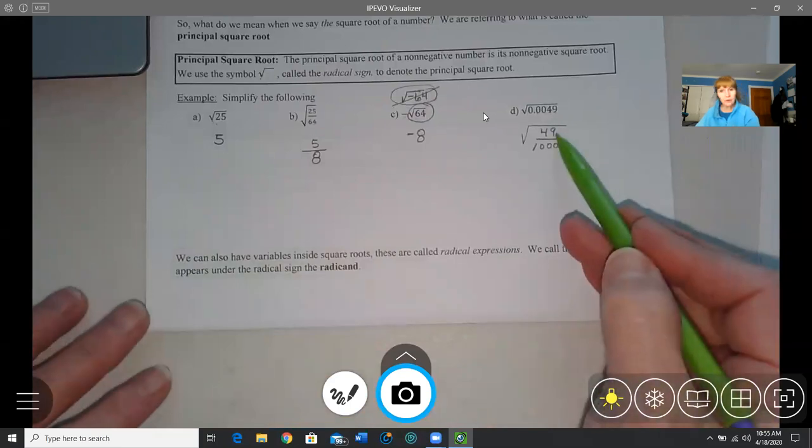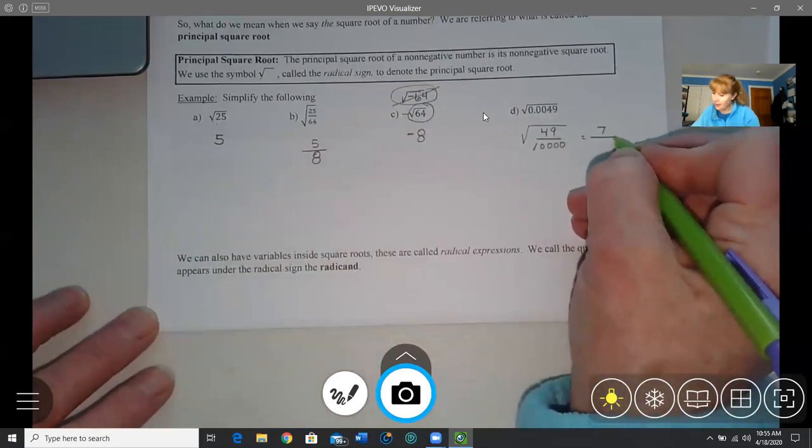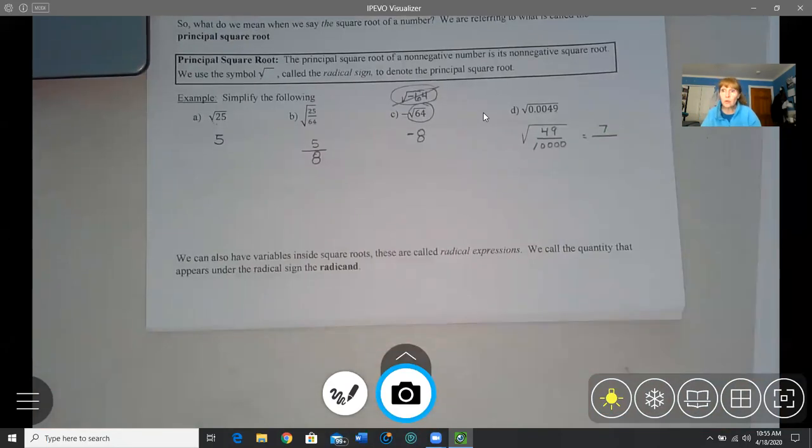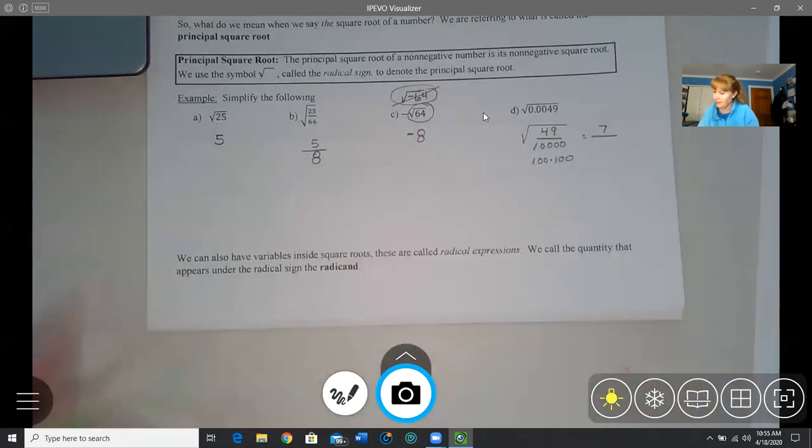So the square root of 49 is 7. The square root of 10,000 is 100. You have 4 zeros, so this would be 100 times 100. That gives you 4 zeros.